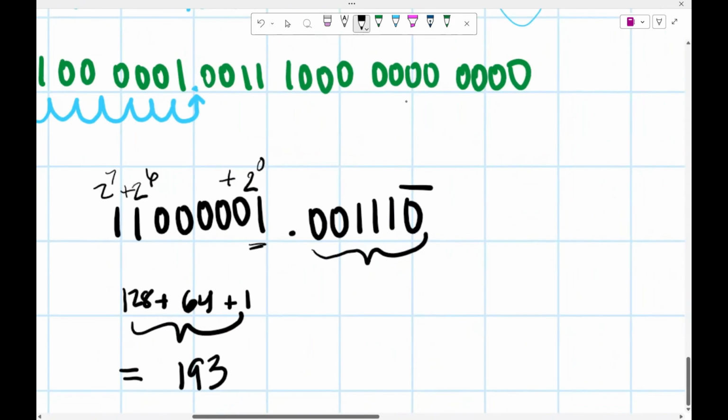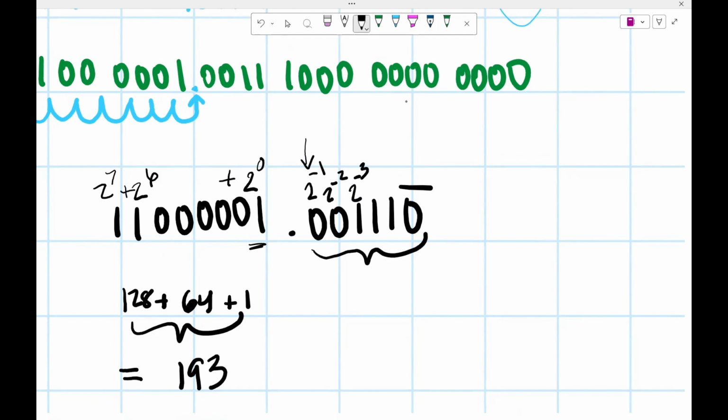There is no such thing as -0. So instead of starting with -0, this place right here is actually 2 to the -1 power. And this is just like a fraction. 2 to the -1 power should just be 1/2. Yeah, it's 1/2. 2 to the -2, that's a quarter.